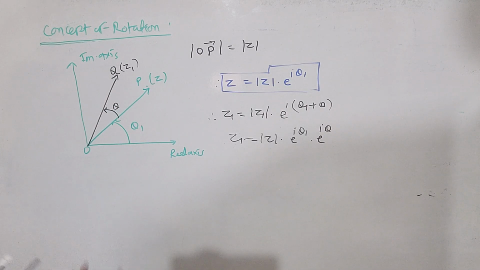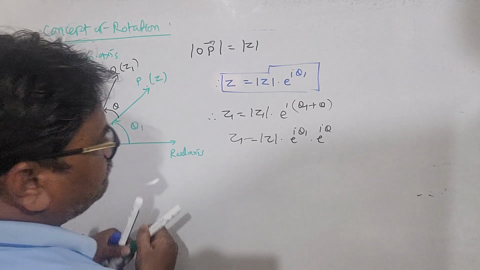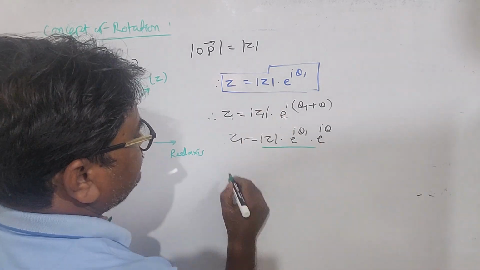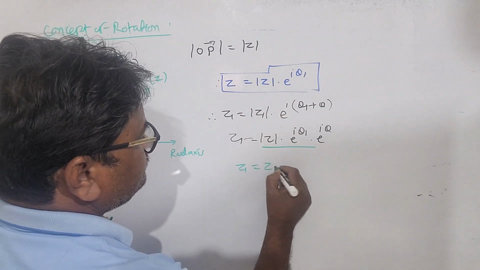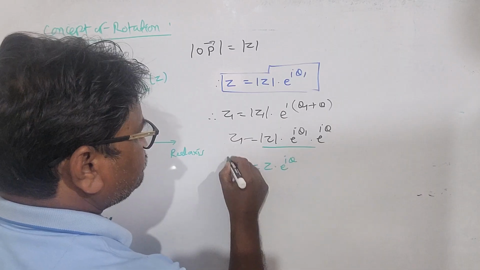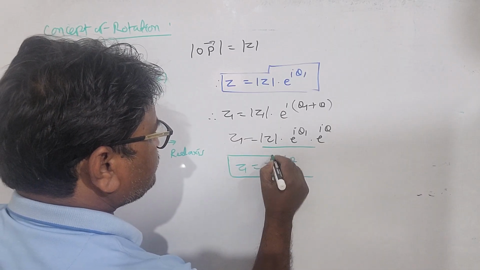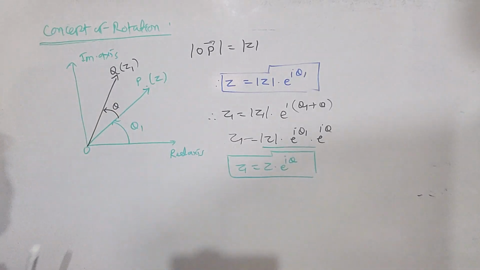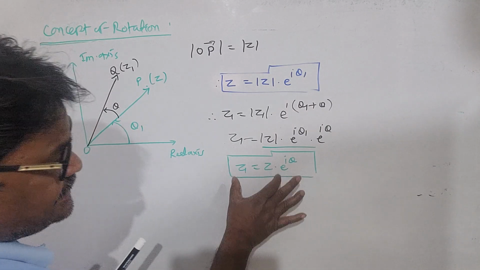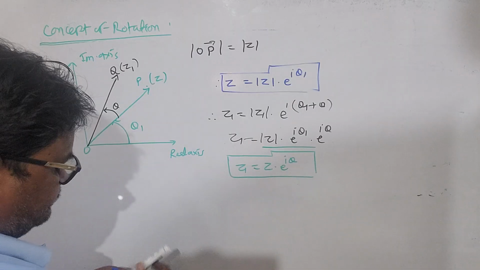Now, modulus of Z into e to the power iota theta 1 is this Z. So Z1 is Z into e to the power iota theta. This is all about the concept of rotation of a complex number. Now you have to understand this, read this, interpret this properly.